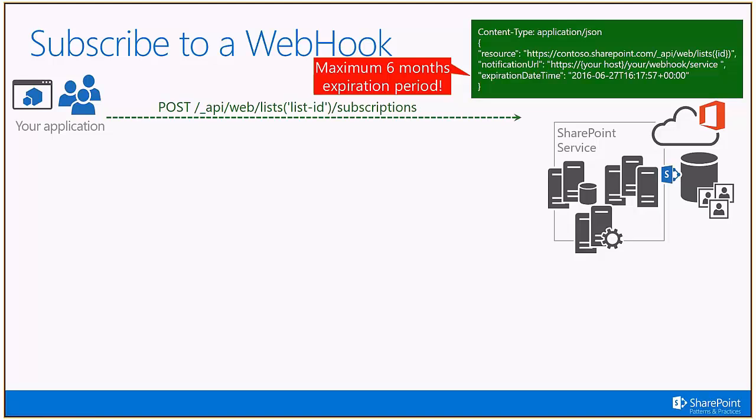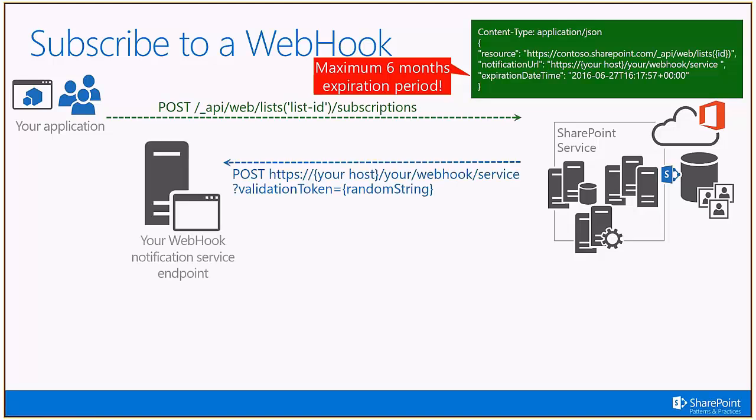When SharePoint sees such a request, it will validate that the service you gave, the notification URL at the top right, is available. The endpoint must be reachable by SharePoint Online before it can truly accept the webhook subscription.